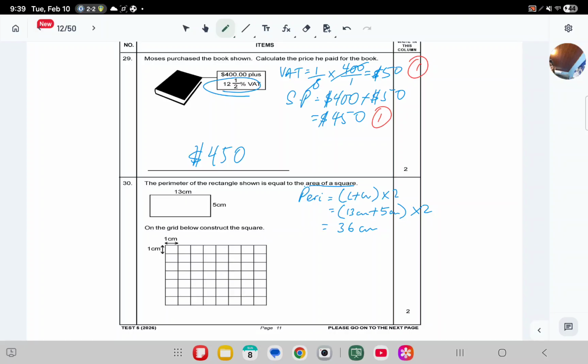So if this represents the area of a square, to find out the length of one side of the square, when given its area, it is the square root of the area, which is the square root of 36, which is equal to 6. So one side needs to be 6 because these here are 1 centimeter each. So 1, 2, 3, 4, 5, 6. 1, 2, 3, 4, 5, 6.